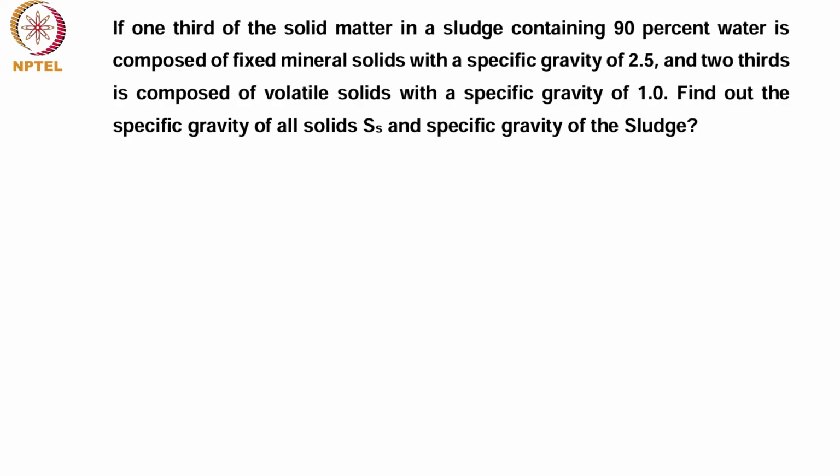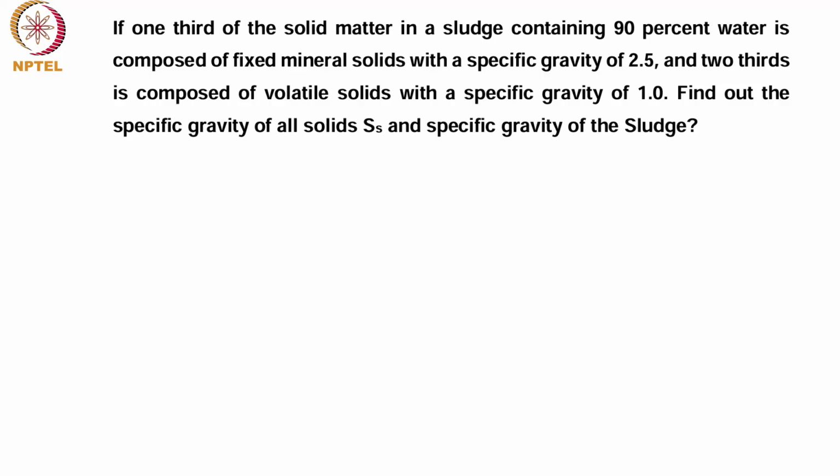Which is equal to 1 by 3 into fixed solid specific gravity, which is given in the problem as 2.5, plus 2 by 3 divided by 1, equal to 1 by specific gravity of total solids.